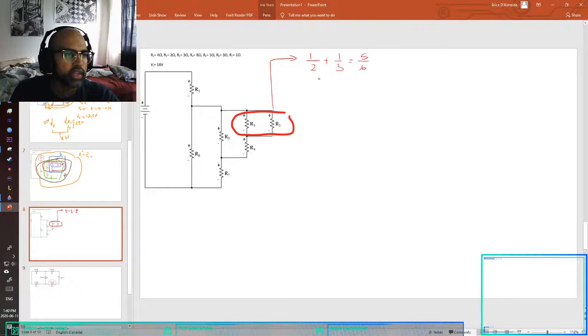So 1 over R23 is equal to that, so R23 is equal to 6 over 5. Yay. Let me just double check my numbers. R3 was 3, R2 was 2. Cool. Now, we can combine that with R4.